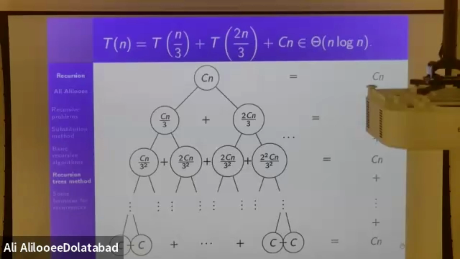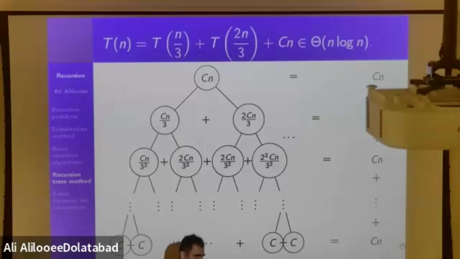What does a recursion tree look like? First, a recursion tree is a rooted tree, and this rooted tree also is labeled, which means that we have a label on each node. The number of branches in a recursion tree is the same as the number of recursive calls. For example, here we have 2 recursive calls, T(n/3) and T(2n/3).